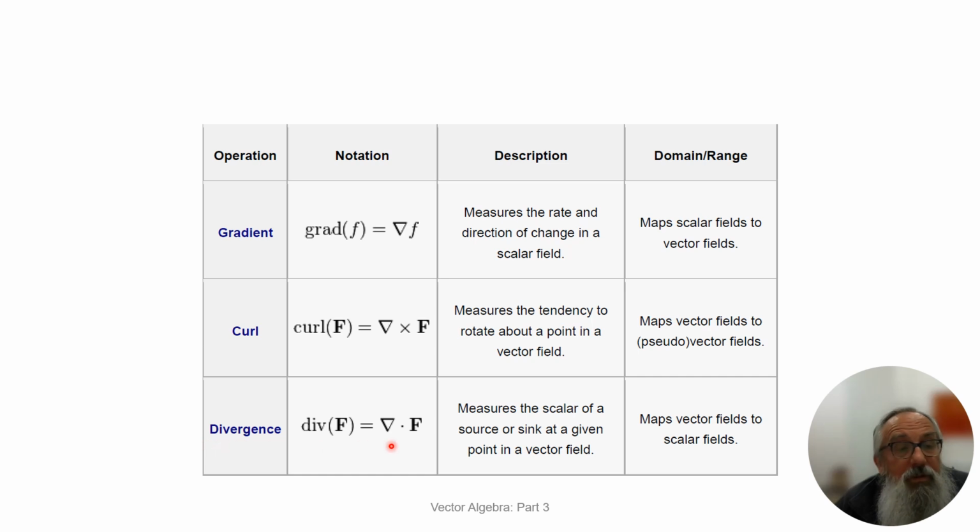And the divergence operator is sometimes written div f, or this div operator dotted with the vector. It measures the scale of a source or sink at a given point in a vector field. So these are common things just to be aware of as far as this course is concerned. This vector calculus is not going to be assessed as part of your exam for this course. These are just about being aware.